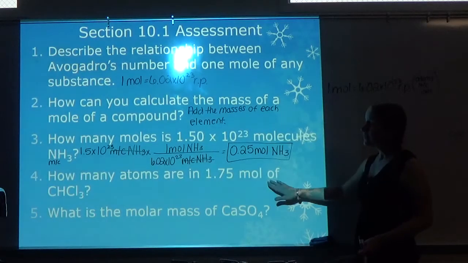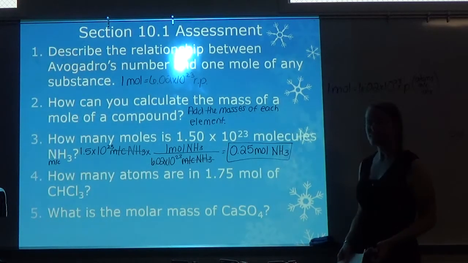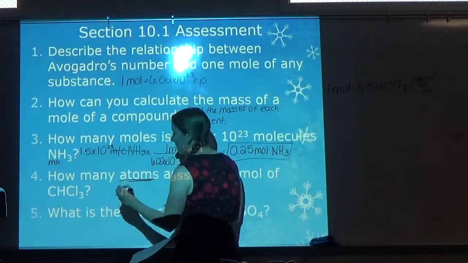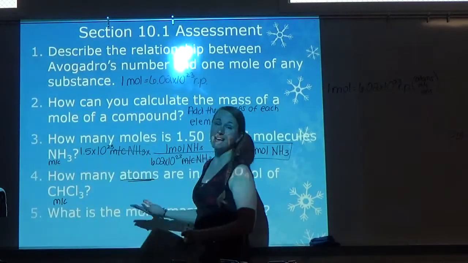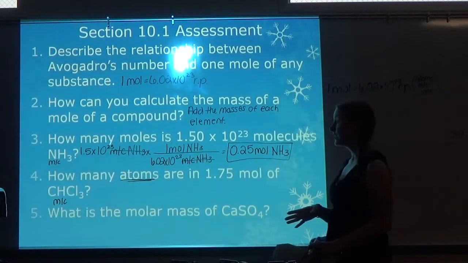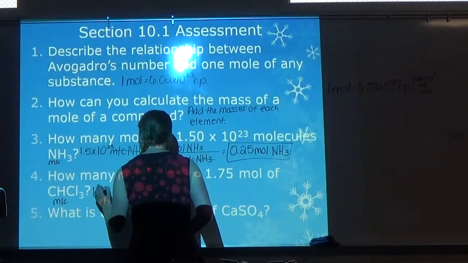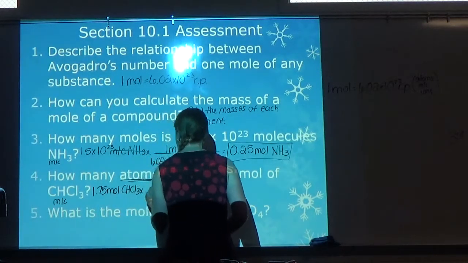All right, so number 4, it says how many atoms are in 1.75 moles of CHCl3. So this is an extra step one, because see, it gave me atoms, but CHCl3 is a molecule, and it's not ionic, so it actually is a molecule this time. All right, so this is where I'm going to have that extra step. So I start with what I know, and that is 1.75 moles of CHCl3.